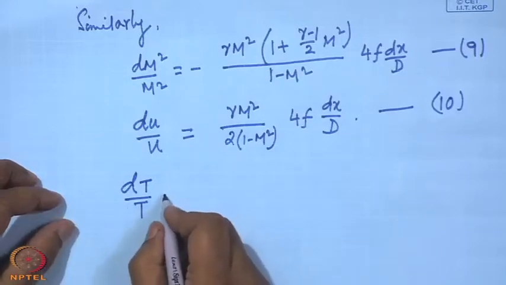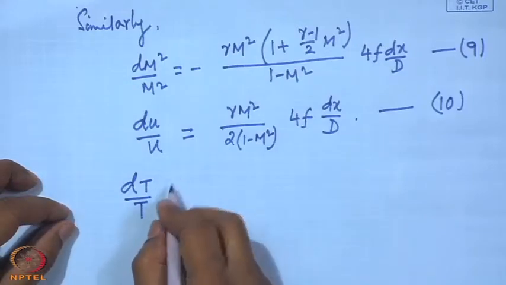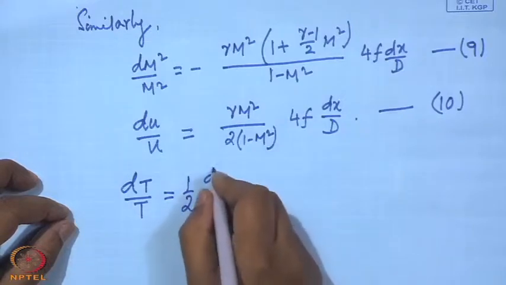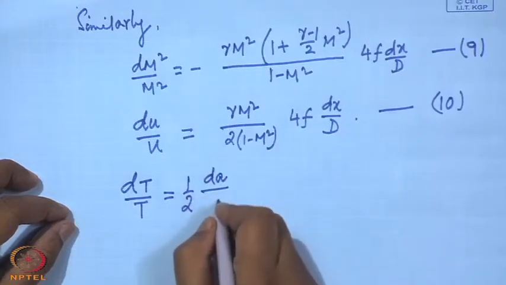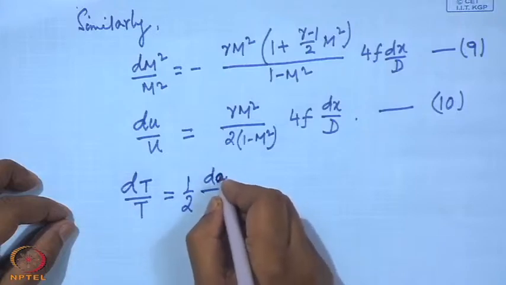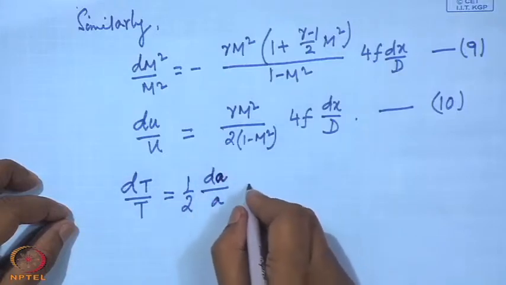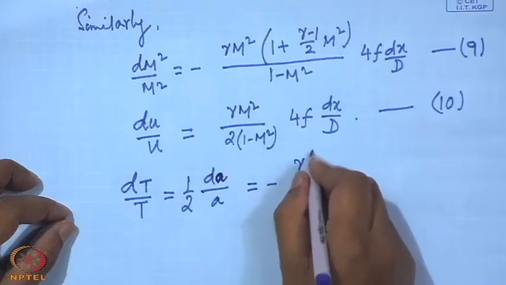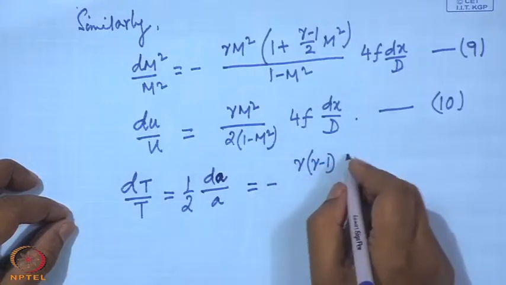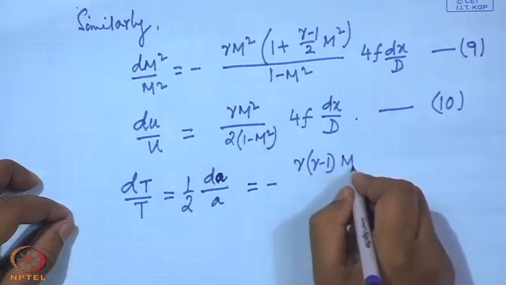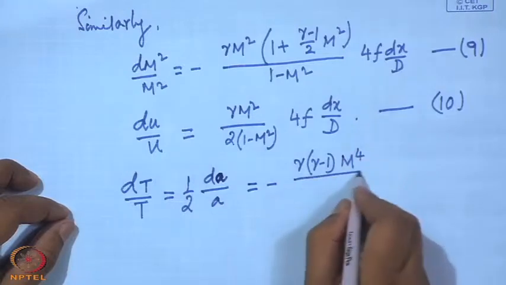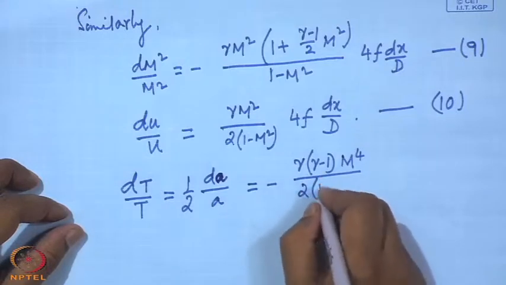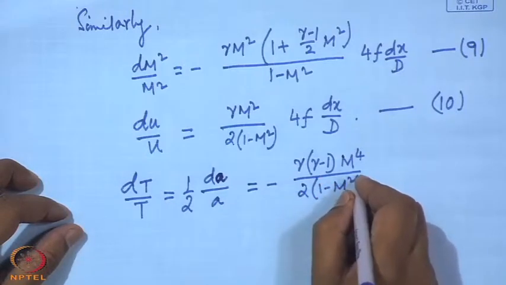The temperature differential dT by T, which is also related with the speed of sound, is gamma into gamma minus 1 M to the power 4 by 2 into 1 minus M square.